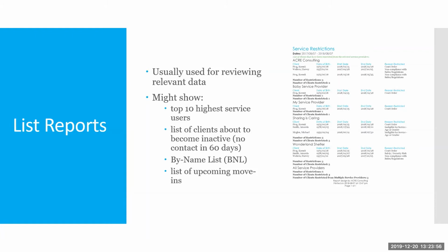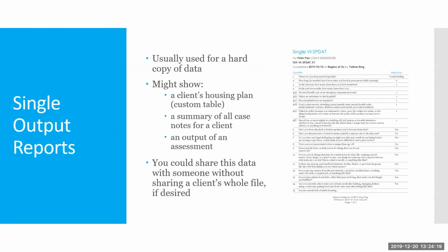So this is often used when you're sitting down and having a meeting and saying, okay, we need to talk about these particular things, or I want to know who is worth my attention for these reasons. Again, we're just pulling data out of HIFIS, but this is, as you can see, very different from just getting our end of period stats. Can we move on to the next one?